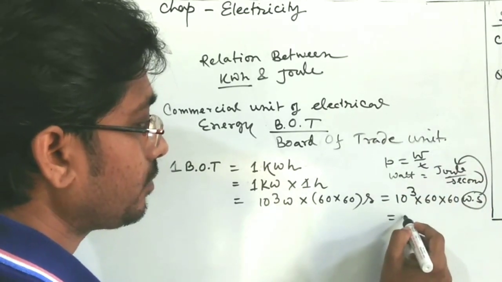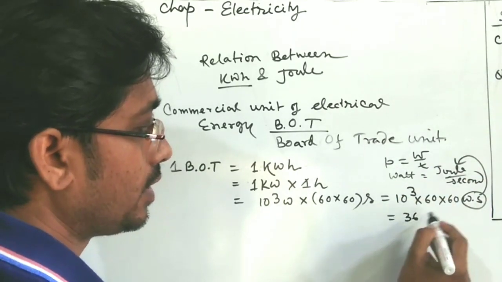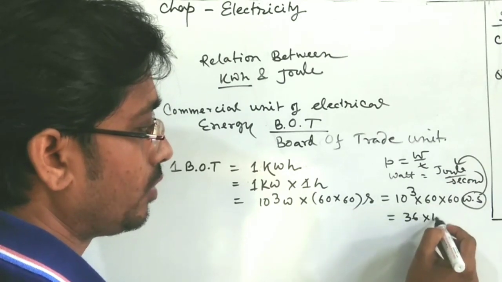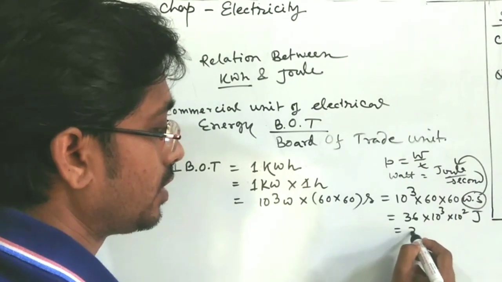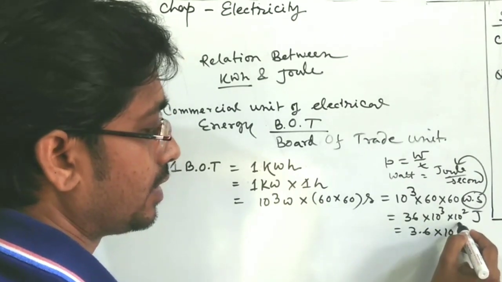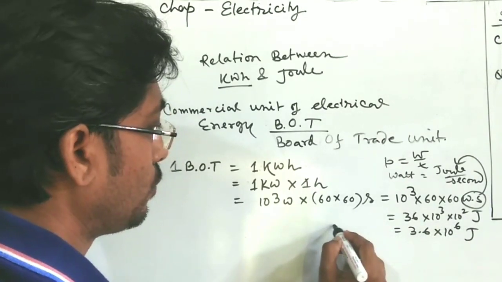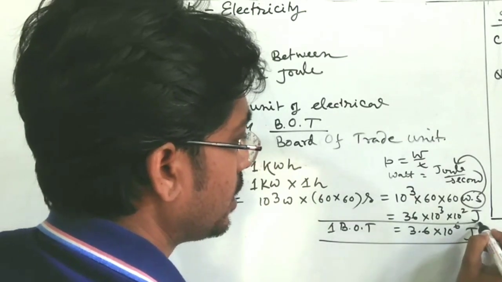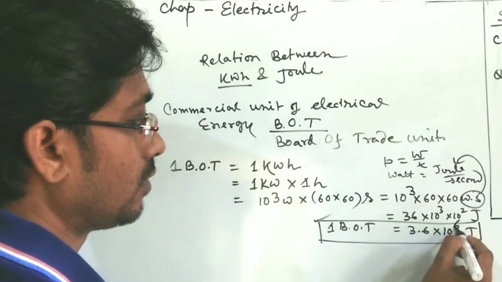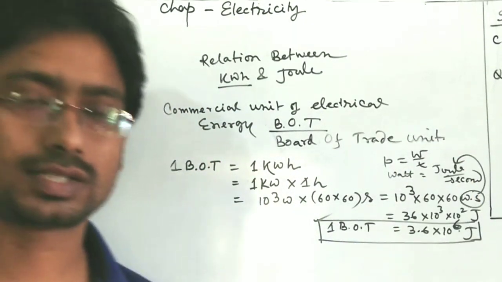So it will be 36 into 10 to the power 3 into 10 to the power 2 joule, which is 3.6 into 10 to the power 6 joule. So 1 BOT is equal to 3.6 into 10 to the power 6 joule. Okay, so this is the relation.